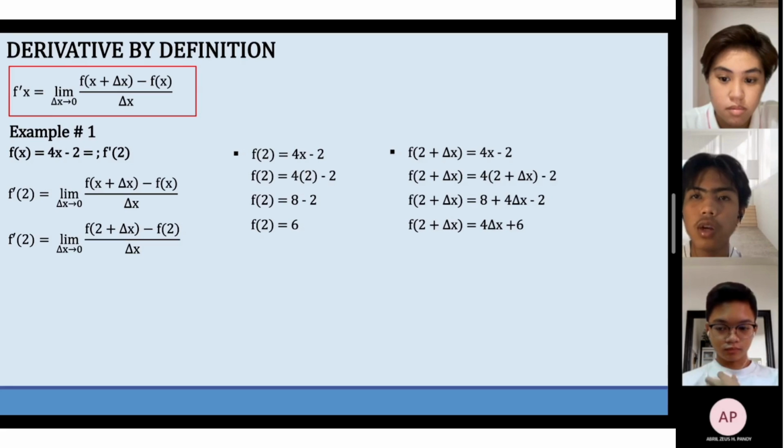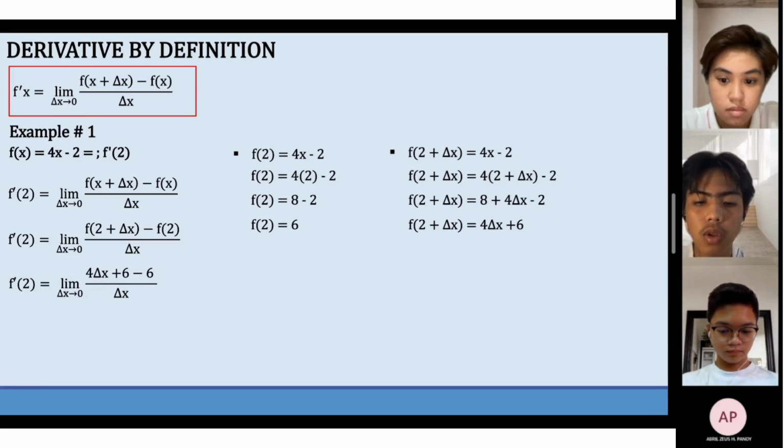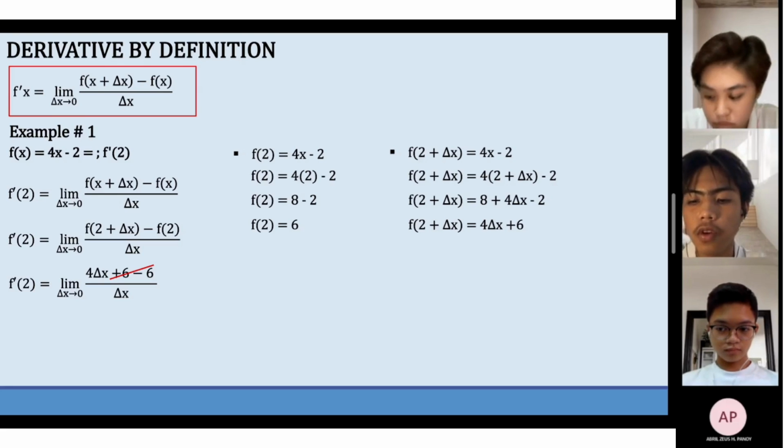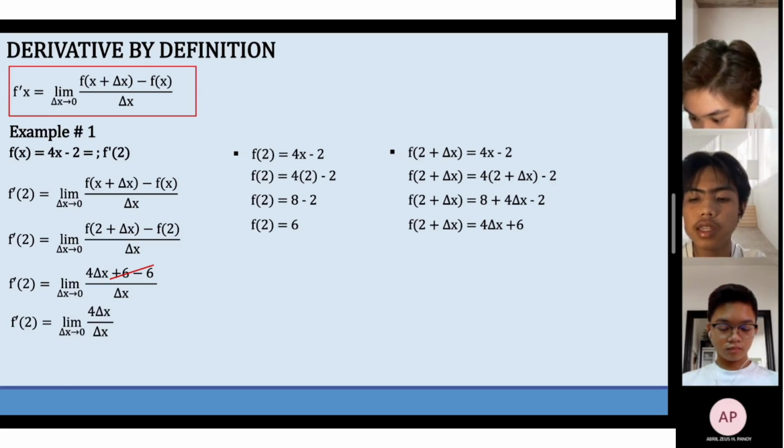Going back to the formula, we can substitute the answers. f prime of 2 is equal to the limit of 4 delta x plus 6 minus 6, all over delta x, as delta x approaches 0. Now 6 minus 6 is 0. We are left with the limit of 4 delta x all over delta x as delta x approaches 0.